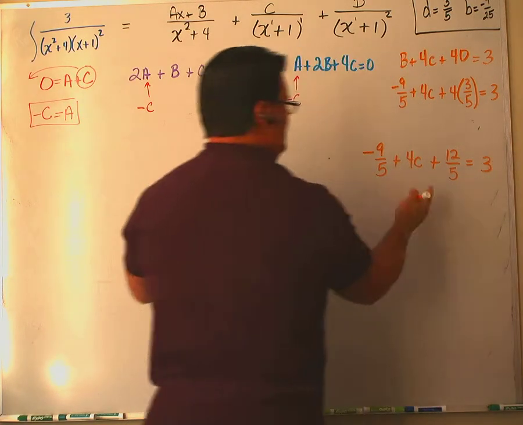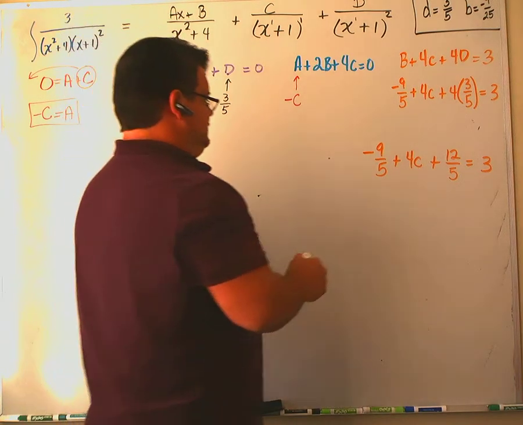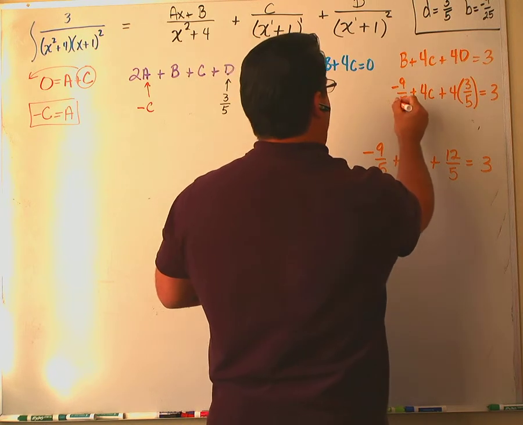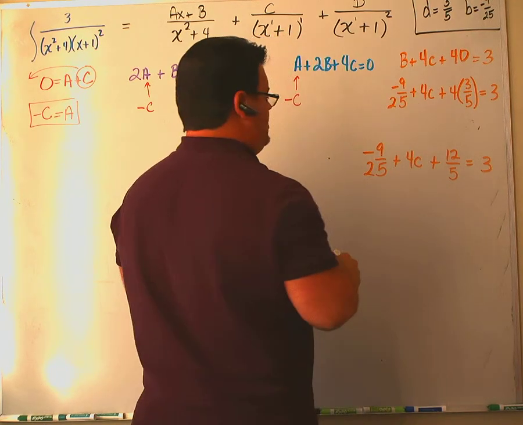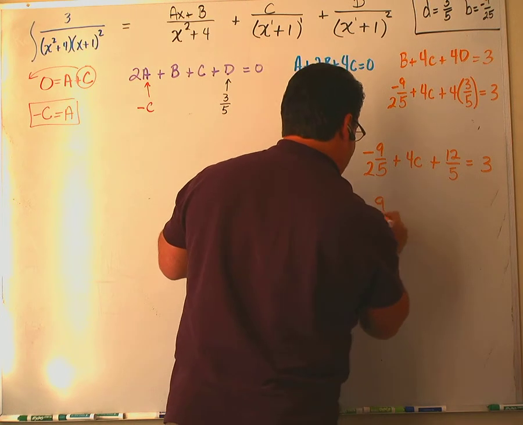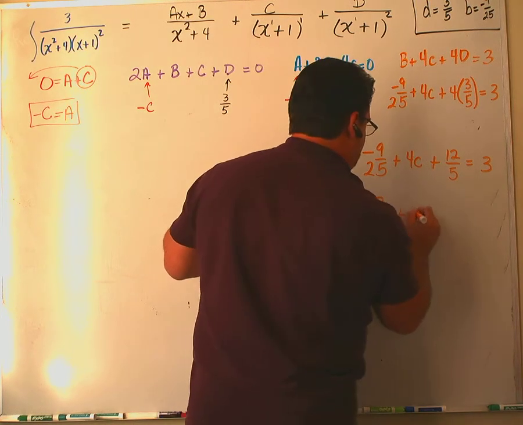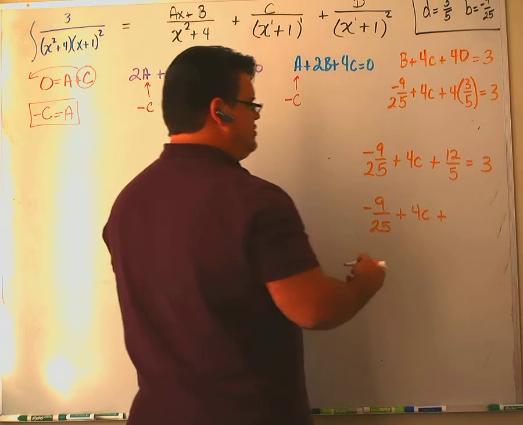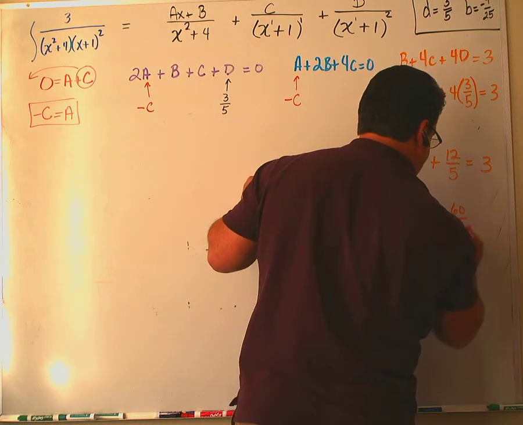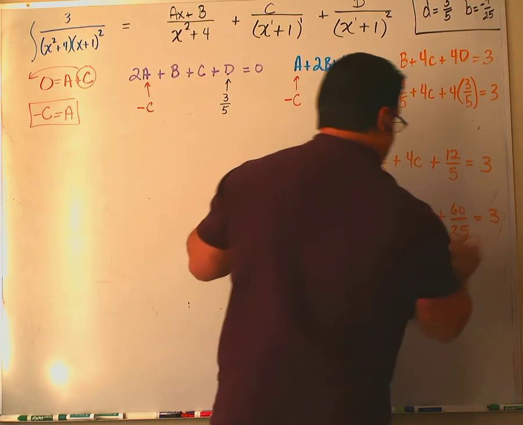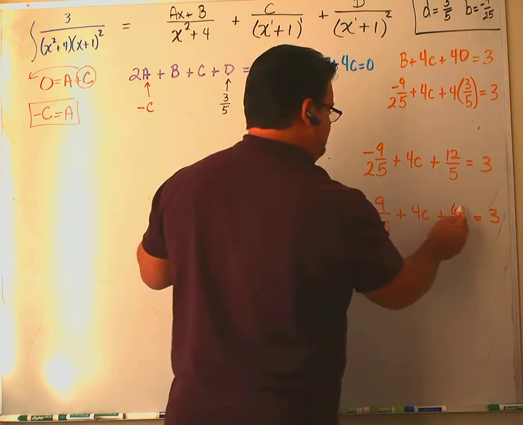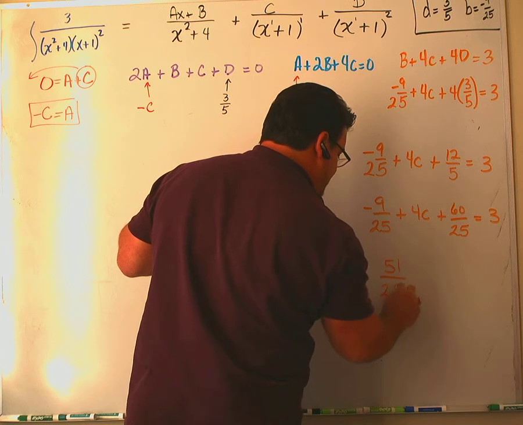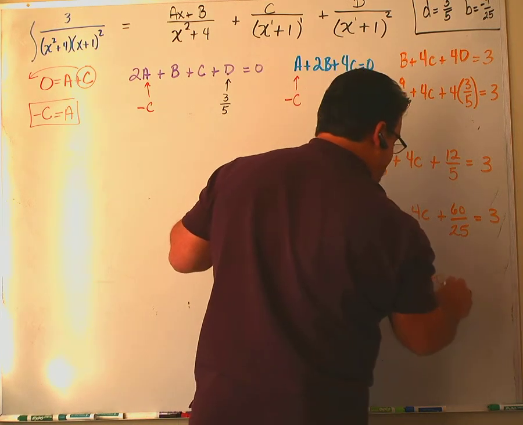You've got to have a common denominator to add those two. 5 will go into 25. 5 times 12 is 60. So that'd be 60 over 25. And negative 9 plus 60 is 51. So that's 51/25 plus 4C is equal to 3.